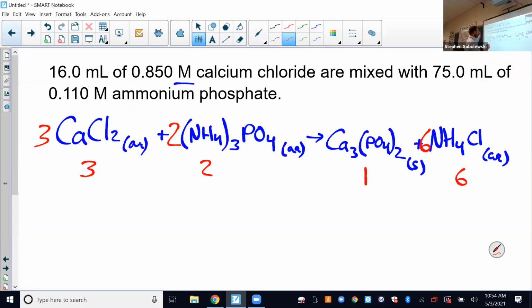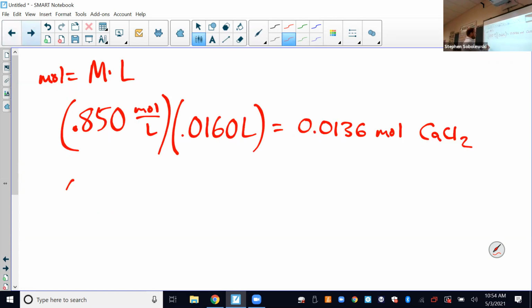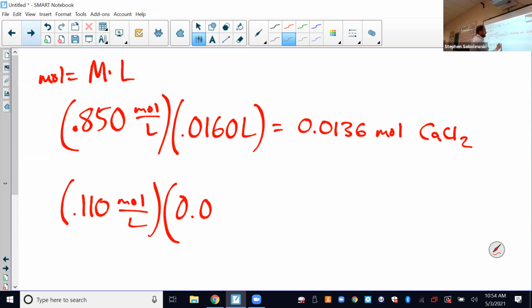All right, so that fills right in, 0.0136. Now, I also told you how much ammonium phosphate. It's 75.0 milliliters of 0.110 molar. So we're going to do the same thing. The molarity is 0.110 moles per liter, and the liters is 75.0 milliliters, which gives us 0.0750 liters.